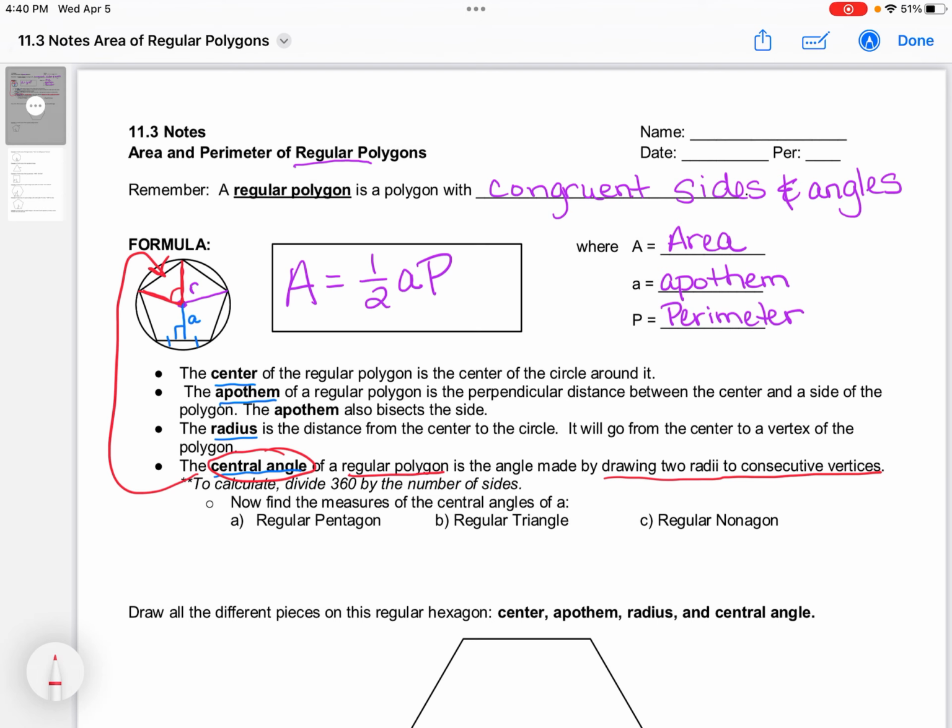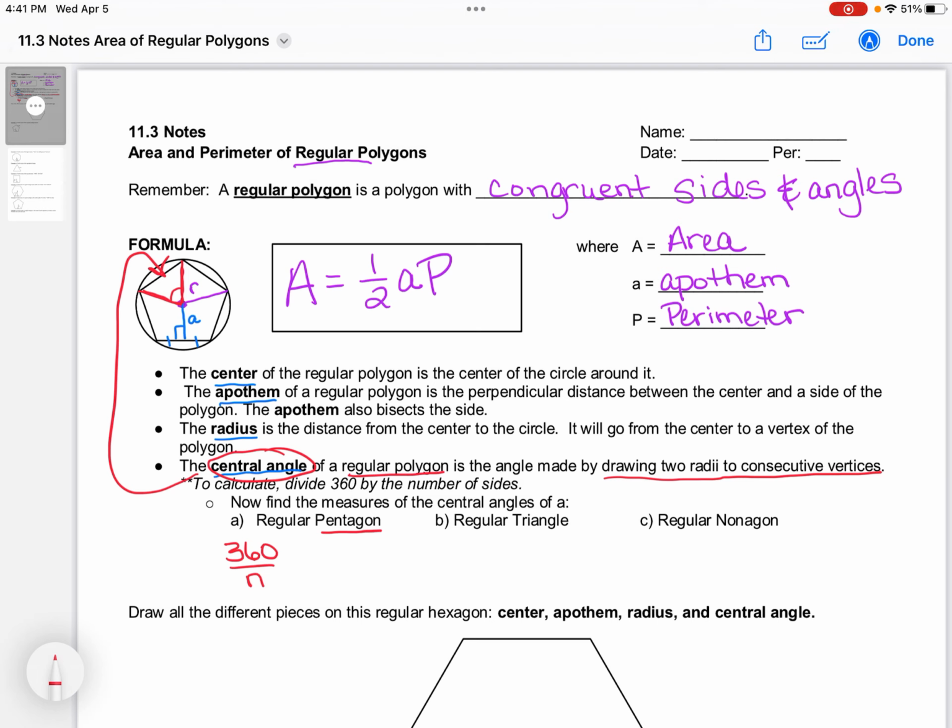So if we want to find the central angle for a pentagon, we're going to take 360 and divide it by the number of sides. We used this last time and called those the exterior angles. But then we were talking about the angles for the corners of the pentagon.